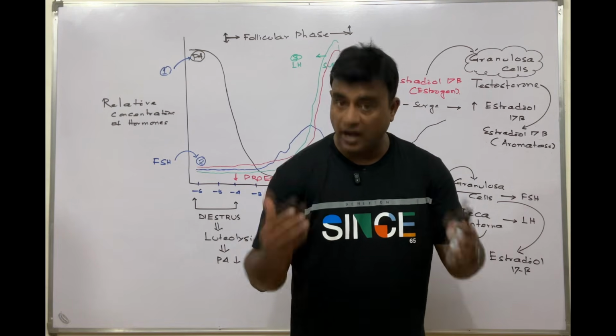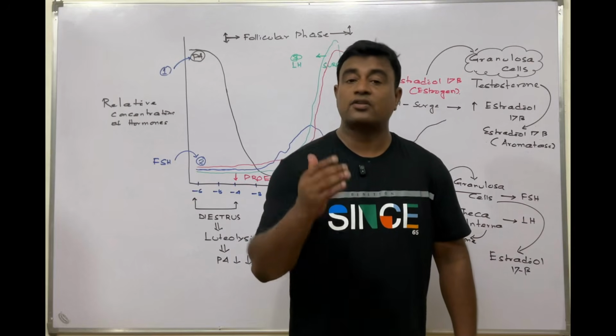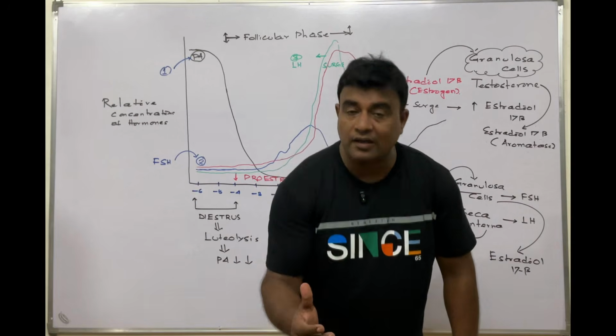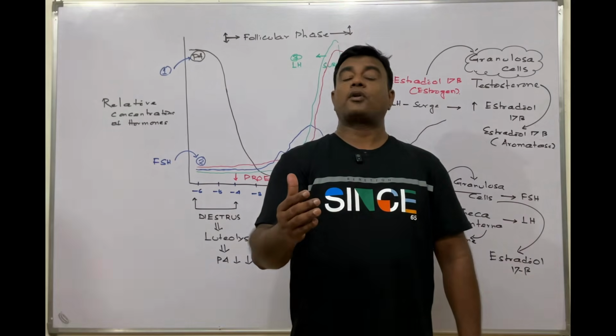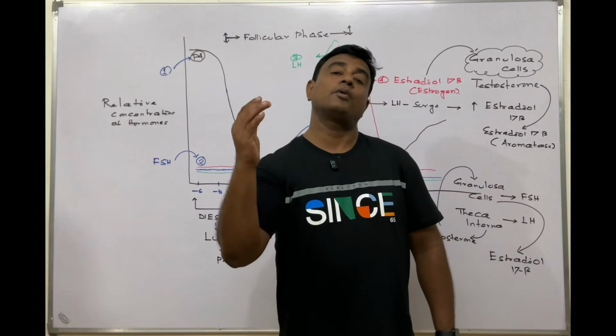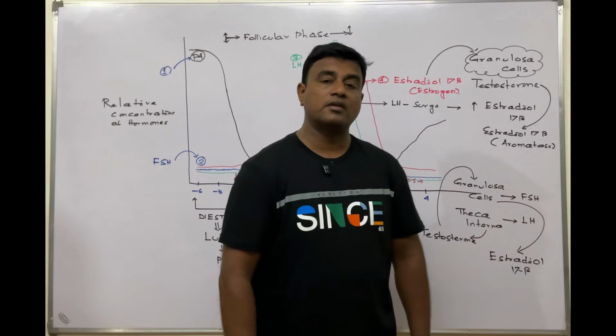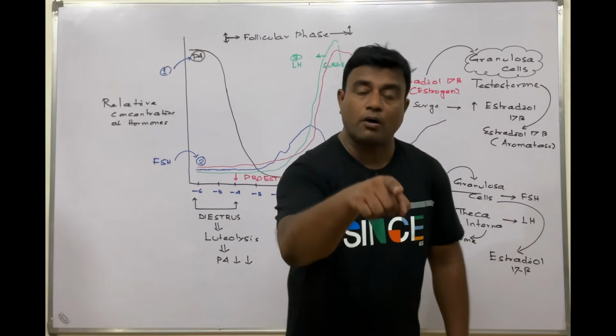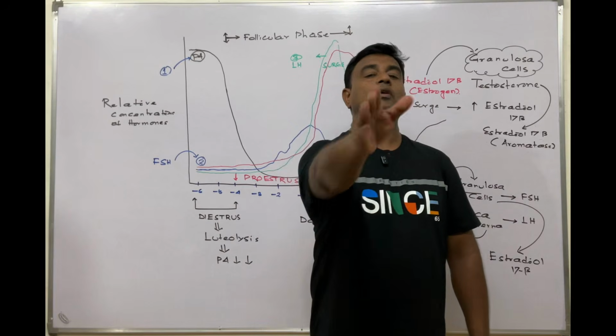I can say that FSH cannot reach its peak to carry out the process of recruitment, selection, dominance, and most of the follicles recruited, if at all, they undergo atresia.